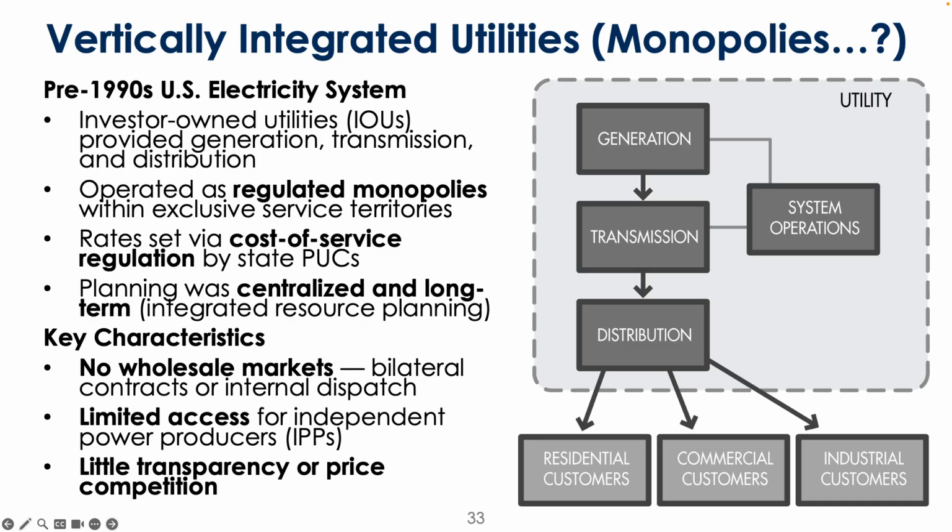So the key characteristics of these vertically integrated utilities: there are no wholesale markets. So everything is done by bilateral contracts, right? And so the utility might be making a contract with a generator, maybe if it's outside of your service territory, or an internal dispatch. And so this is where maybe more of the gamesmanship gets played.